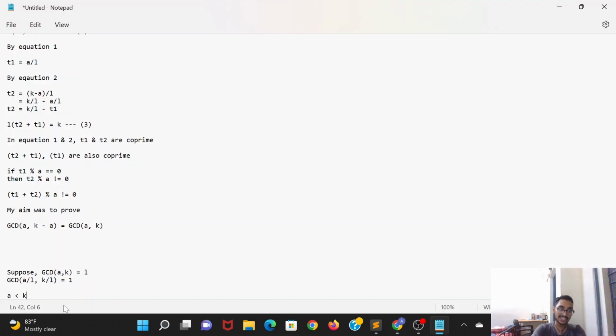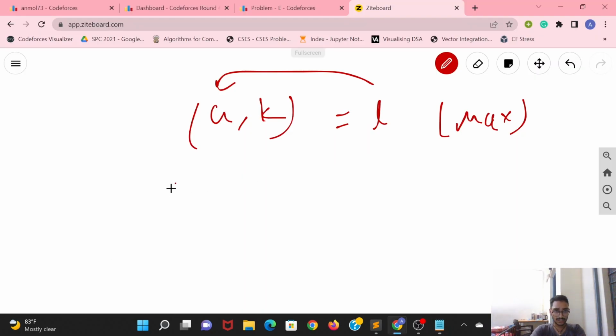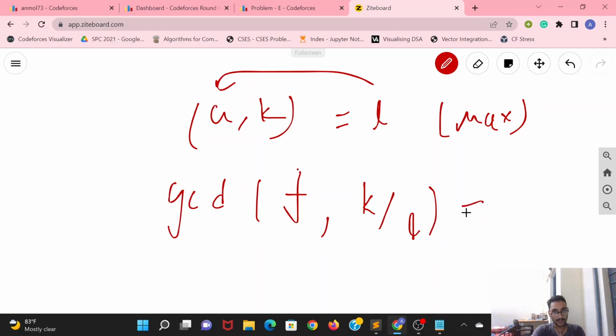So for a given K by L, you want to find all numbers F such that gcd of F comma K by L is 1. Now this is the definition of the Euler-Totient function phi.